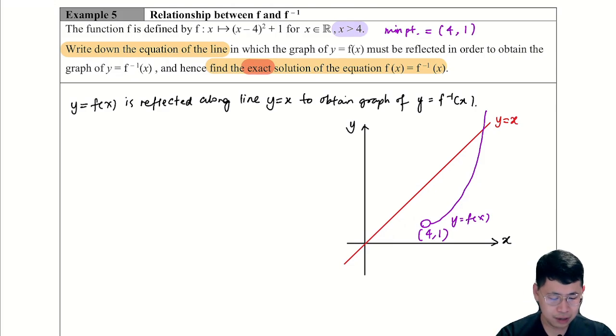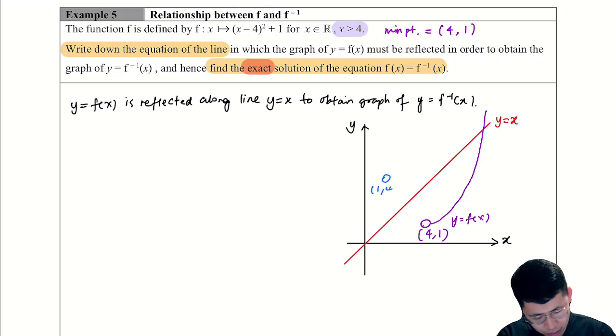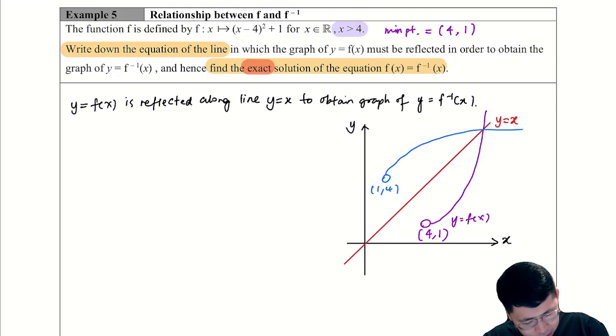The f inverse would be a reflection on this line, so this point (4, 1) will become (1, 4). You need to swap the x and y coordinates, and the shape will mimic and go something like this.